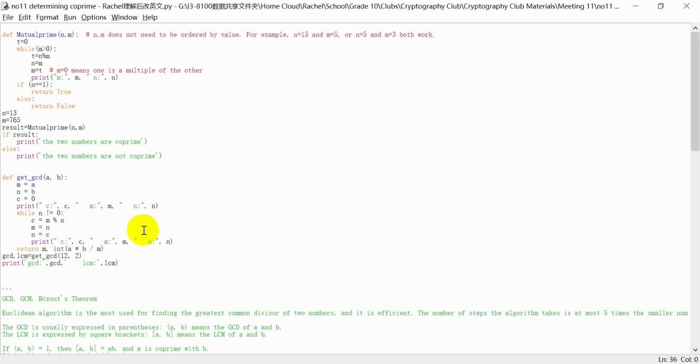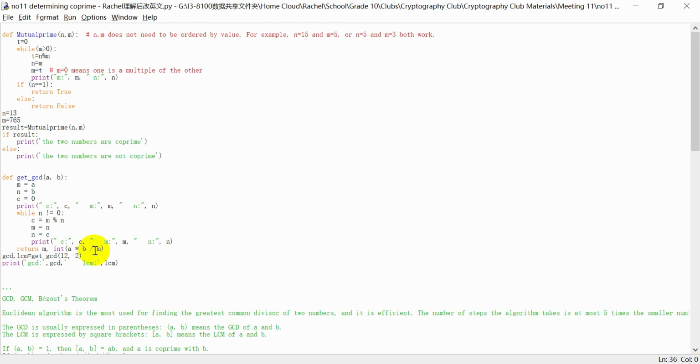As soon as n equals 0, that means c equals 0, which was the remainder of m divided by n. That means that n becomes a factor of m, and that means we have found the greatest common divisor. And then the loop just stops. The function returns m, which is the greatest common divisor, and the integer of a times b divided by m, which is the least common multiple.